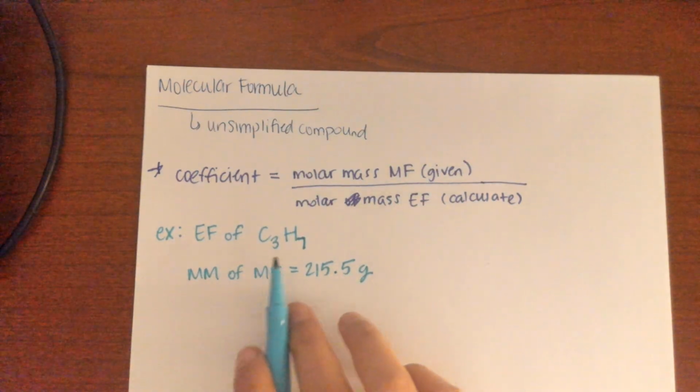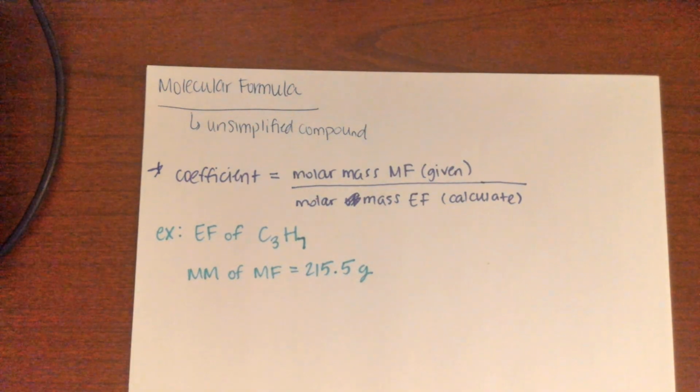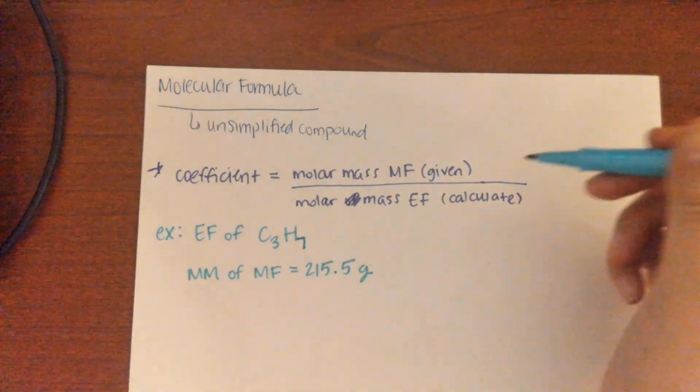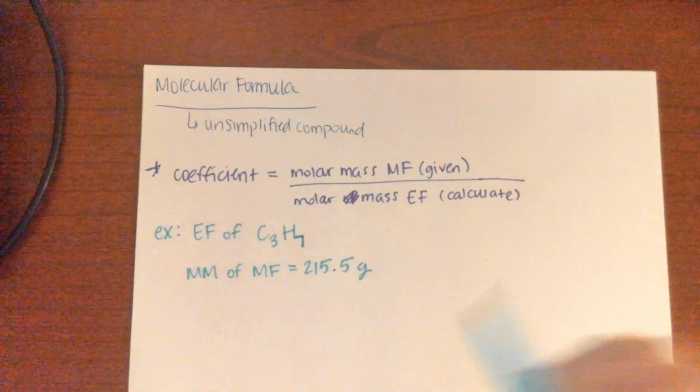So we have the empirical formula, and we have the mass of the molecular. We need to unsimplify this. So we have that top number, and we need to calculate the bottom number.